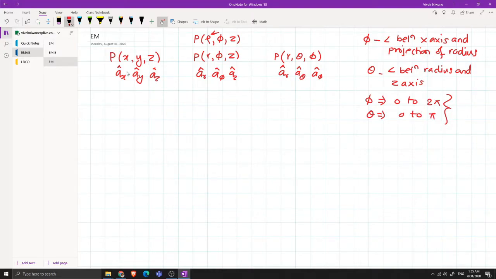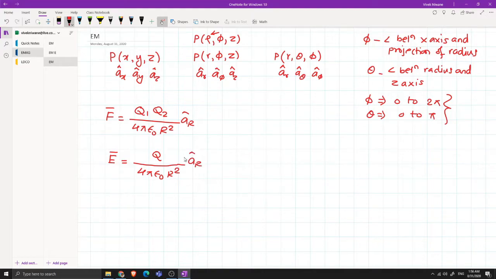Then we have seen that according to Coulomb's law, the force of interaction between two point charges is represented as q1 q2 upon 4 pi epsilon 0 r squared into a_r cap, where r is the vector between the 2 point charges. Then we understood that electric field is nothing but force per unit charge. So the electric field produced by a charge q is q upon 4 pi epsilon 0 r squared a_r cap.